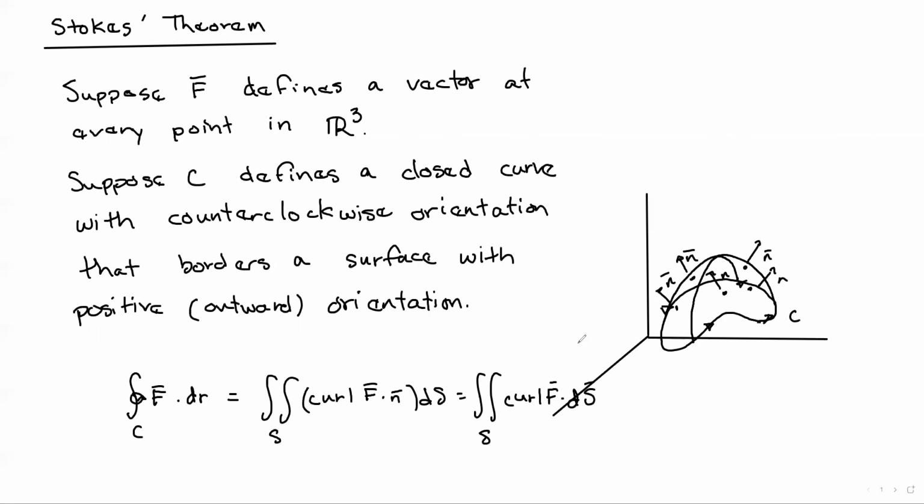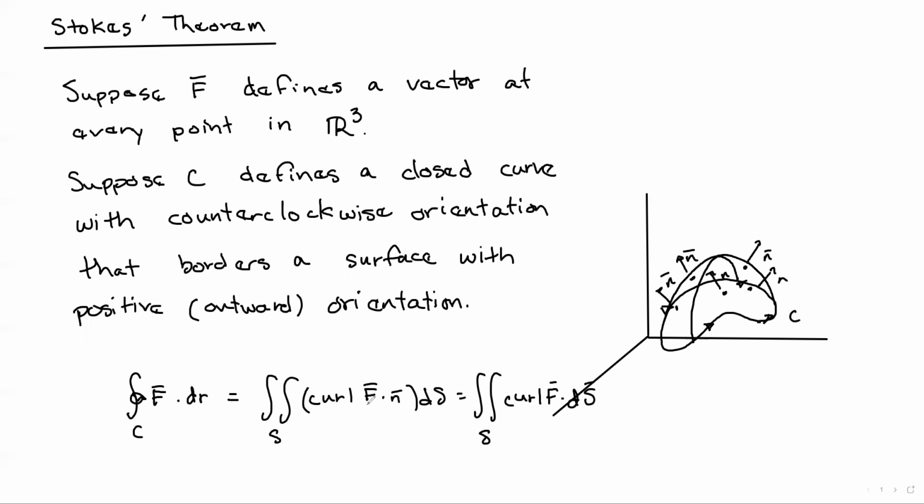So that's what the theorem is saying: if you compare rotation along the border to the rotation on the inside, then those two are equal. Whether that makes sense or not, you might need a little more explanation than that, but they do both have to do with rotation, right?